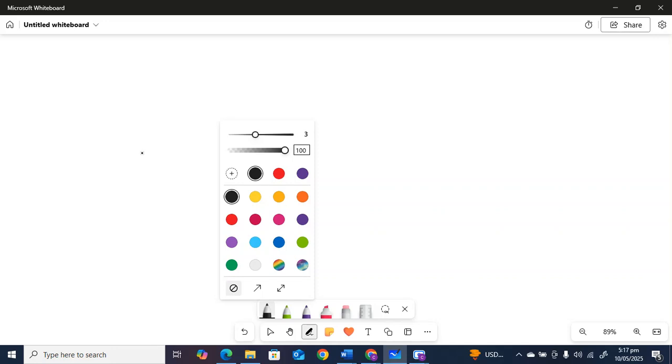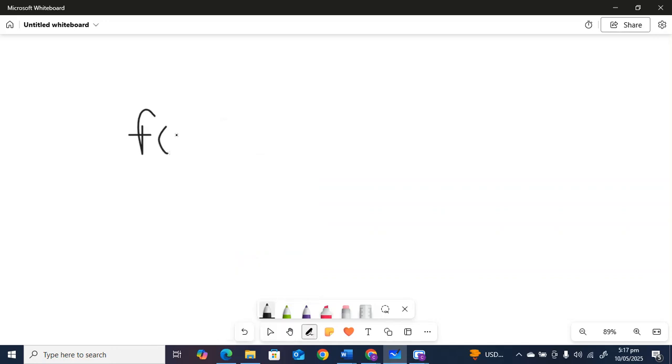So for inverse functions, we have to find the inverse. Okay.